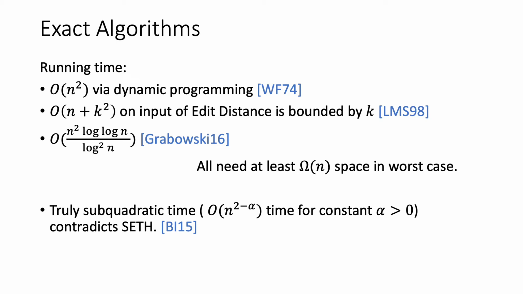We also know that all these algorithms need at least linear space in the worst case. Recently, the study of fine-grained complexity gives some conditional lower bounds for edit distance and LCS. For example, Backurs and Indyk show that any truly subquadratic time algorithm for edit distance will contradict the strong exponential time hypothesis.